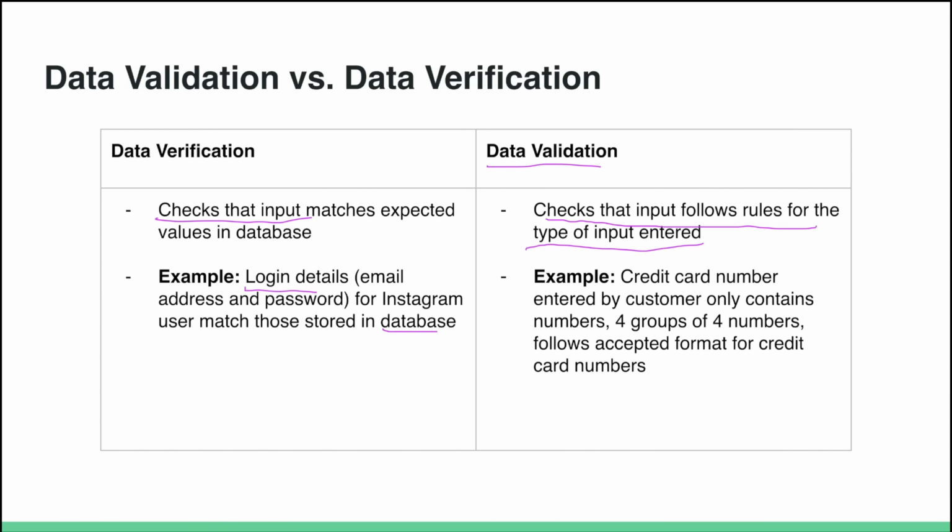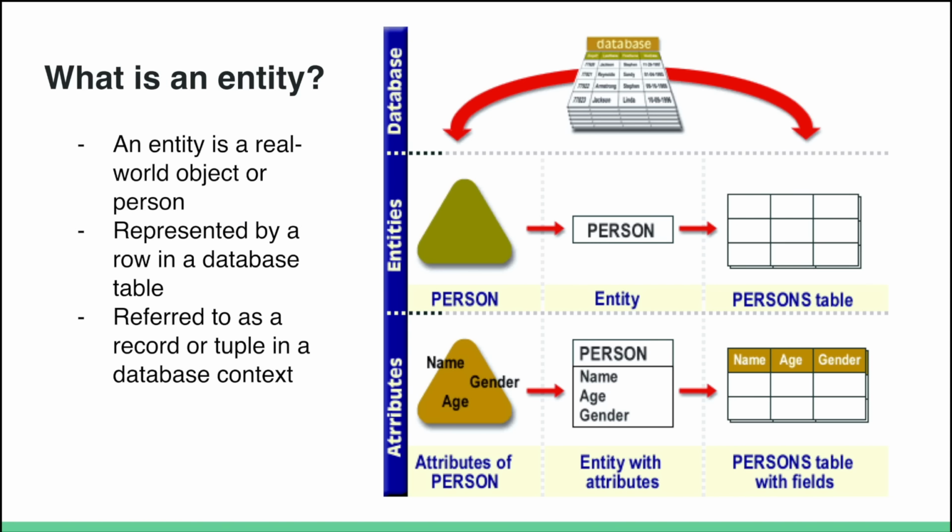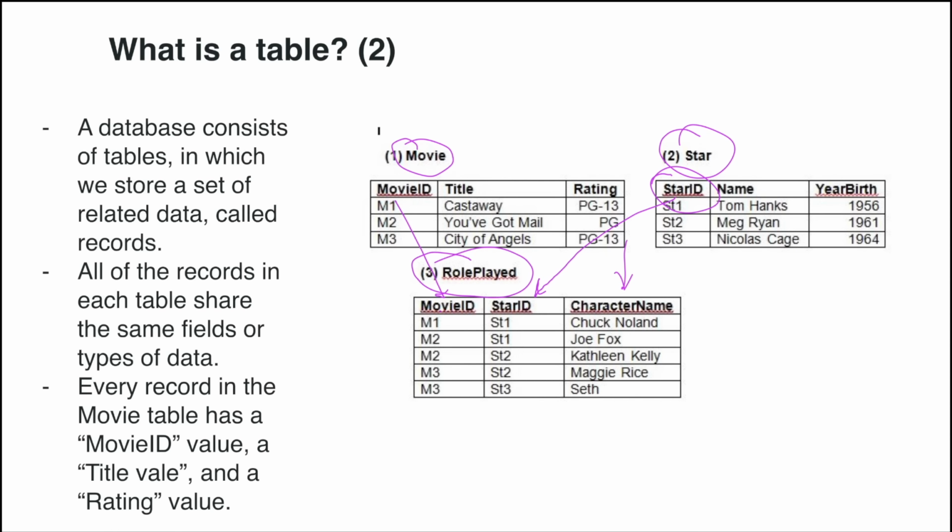In databases in general, but specifically with regards to tables, we make use of a concept called entities. An entity is a real-world object or person, and that's represented by a row in a database table. If we go back here, the entity we're representing is a movie.